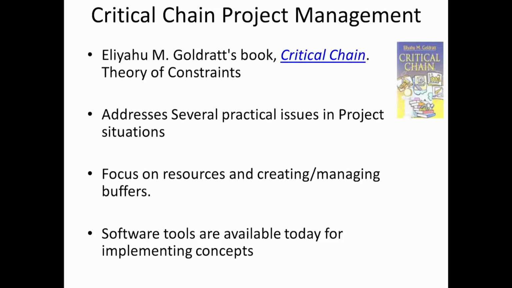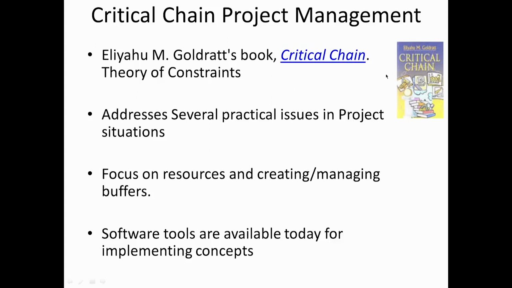Now critical chain project management has again been a very current topic. Many large corporations say they have moved from CPM based planning to CCPM based planning because it's more practical and they are able to get better results from it. This was initiated by a gentleman called Eliyahu Goldratt, and his book called Critical Chain has been a bestseller. He writes books which are very easy to read and really gets the management concepts in very systematically.